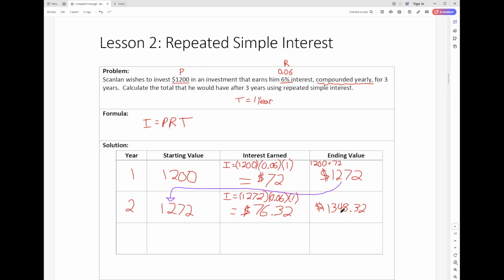Okay, now again, take that amount, apply it to our next starting value. Year 3, same deal, but now we have 1348 and 32 cents.